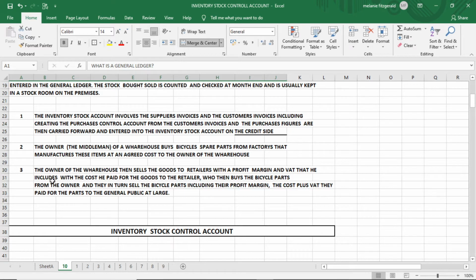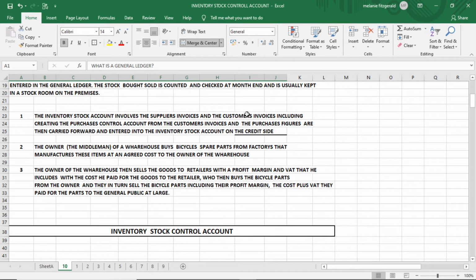Number three, the owner of the warehouse then sells the goods to retailers with a profit margin and VAT that he includes with the cost he paid for the goods. The retailer then buys the bicycle parts from the owner, and they in turn sell the bicycle parts, including their profit margin, the cost plus VAT they paid for the parts, to the general public at large.